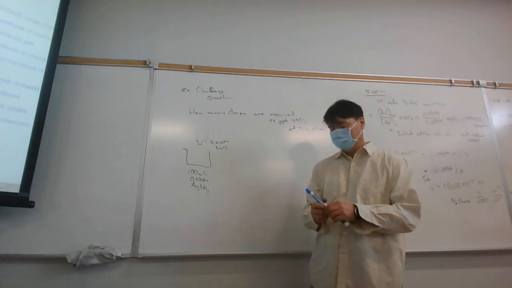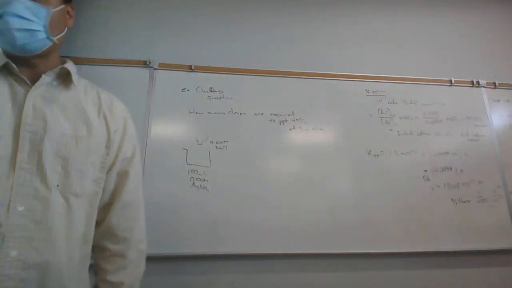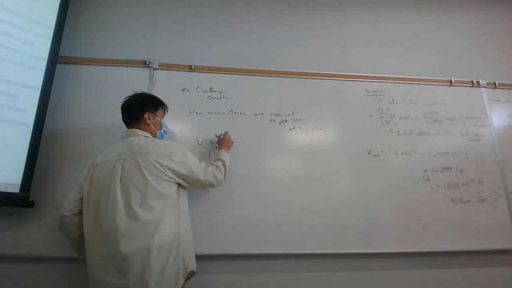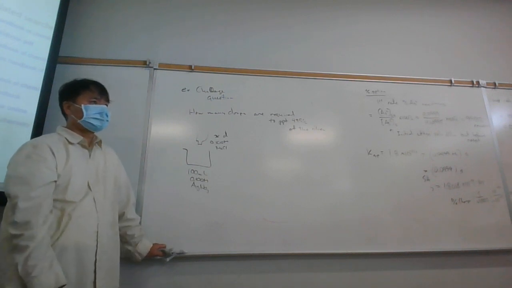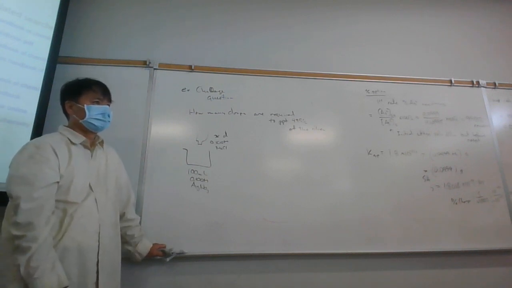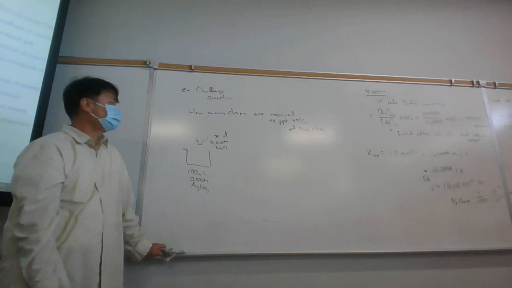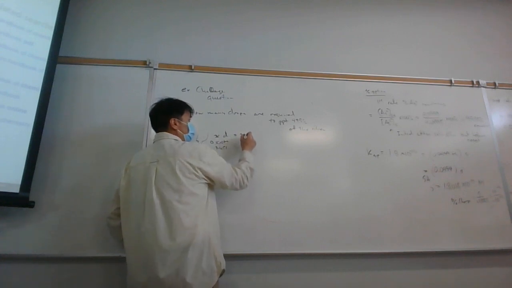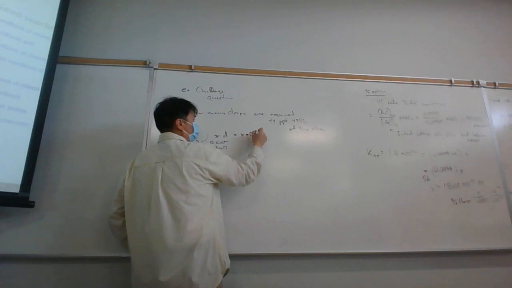But not impossible, because we do all these problems the same way. We start off with solution dilution. We call it X drops. X drops, in terms of milliliters, would be X times 0.05 milliliters.